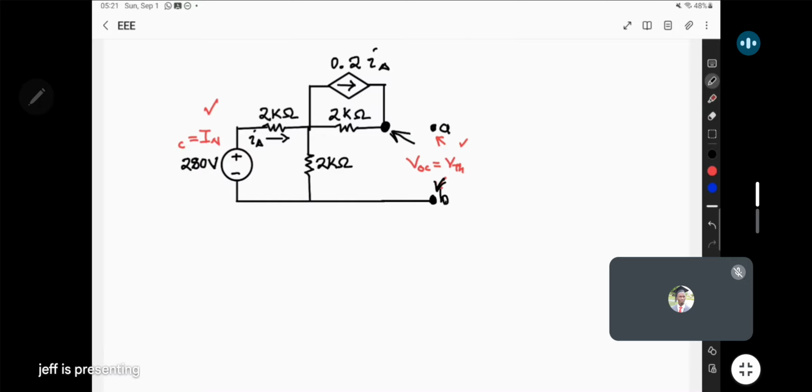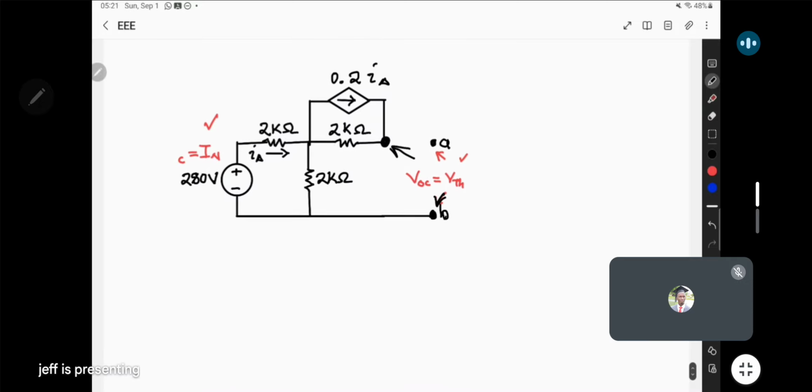What you see here is that this tends to behave as if it is an independent circuit on its own. What do I mean? You have to see that the current that passes through this line going upwards will be the same current that will be coming this way. So the current in this loop will be the same. So the 0.2 I delta comes from this current source, and it's the one that comes to pass through here.